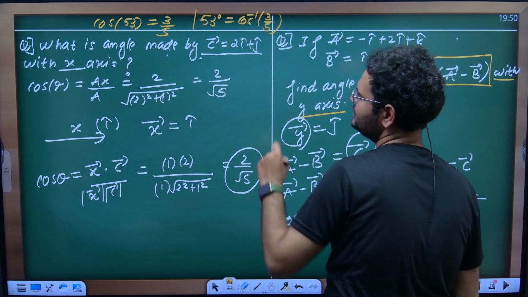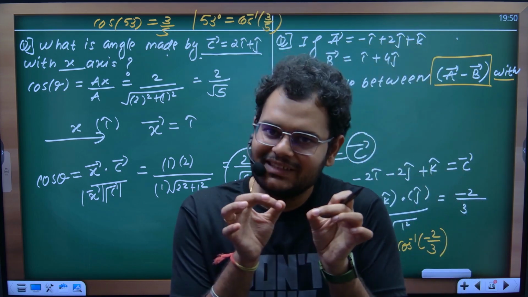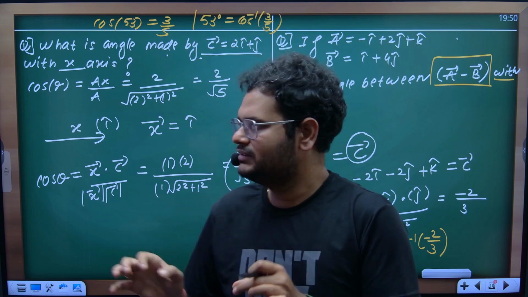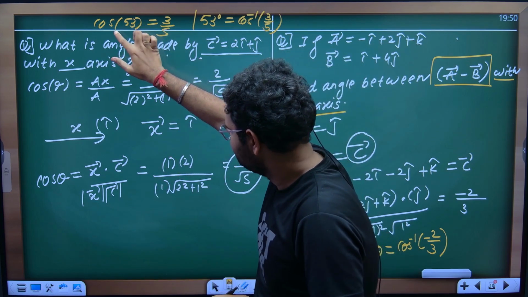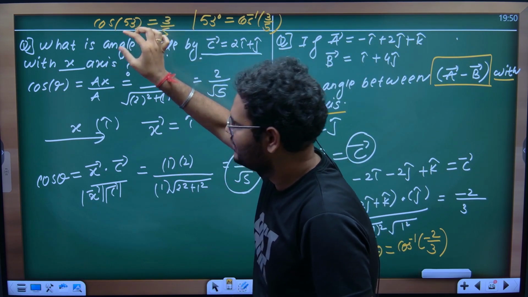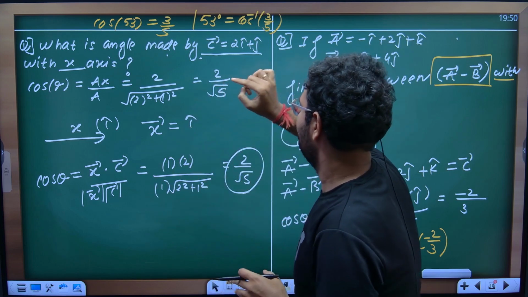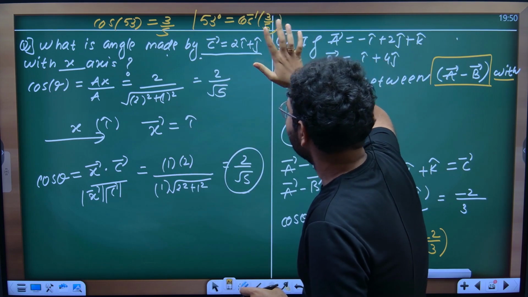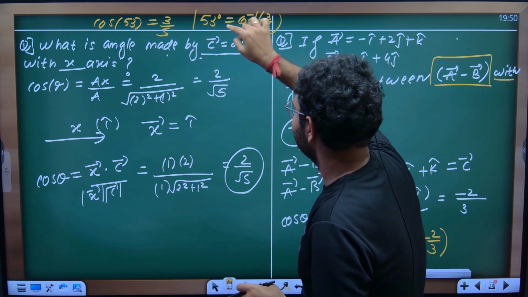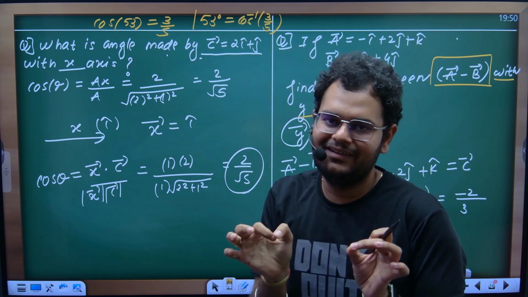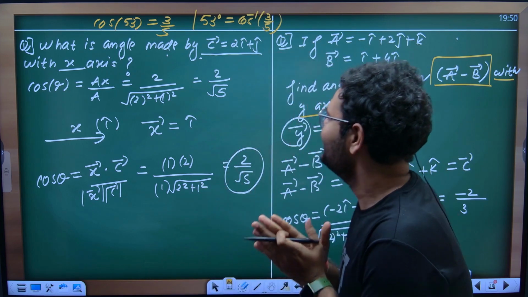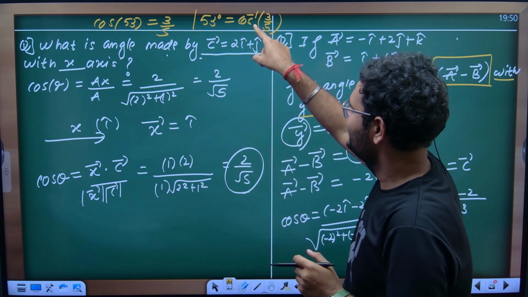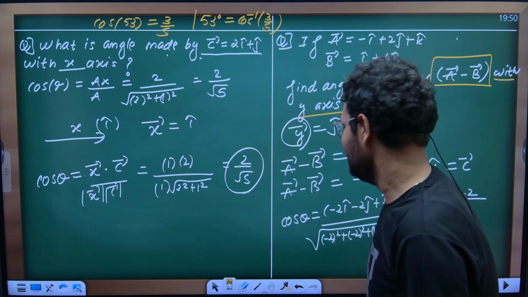Inverse means what is the value, see, for this angle it is simply cos, but for what angle is this value? That means the angle. If you don't understand, simply remember whenever I write inverse, we will get the angle. Okay, sir.